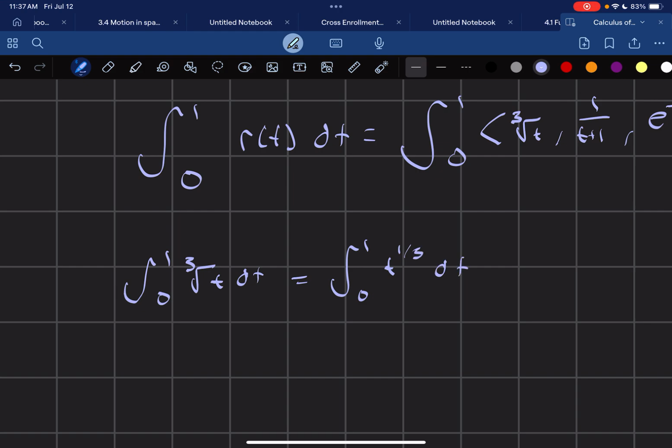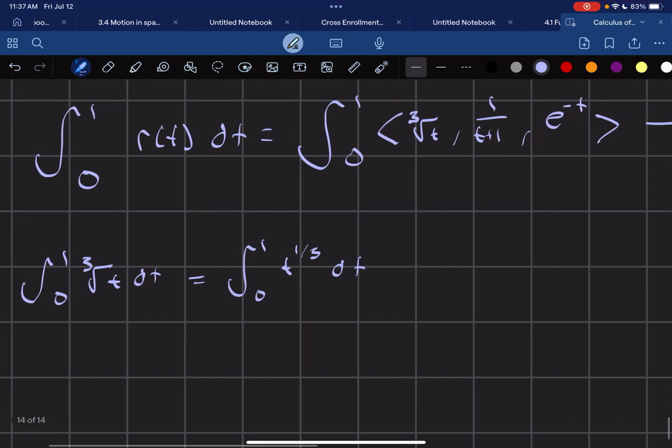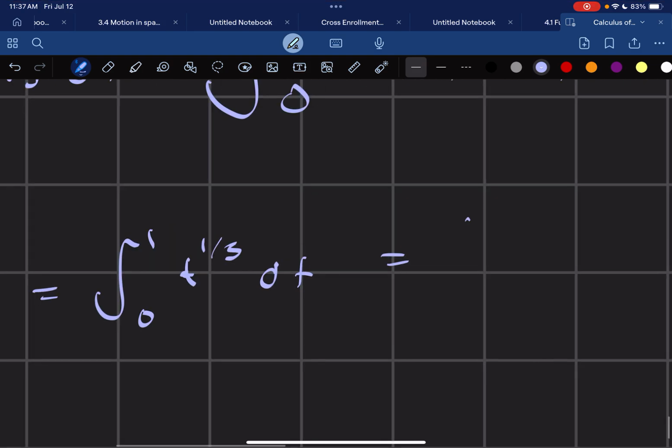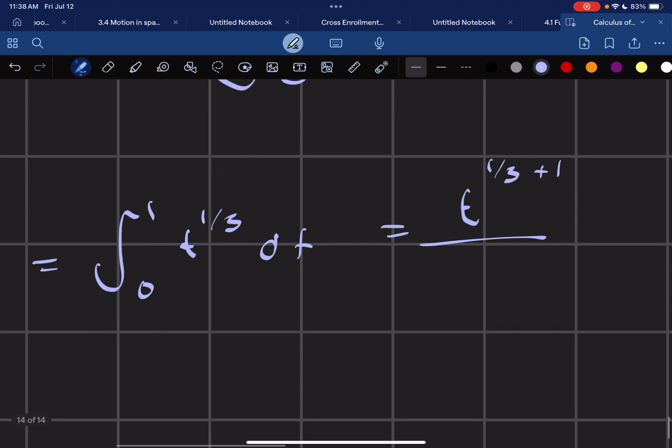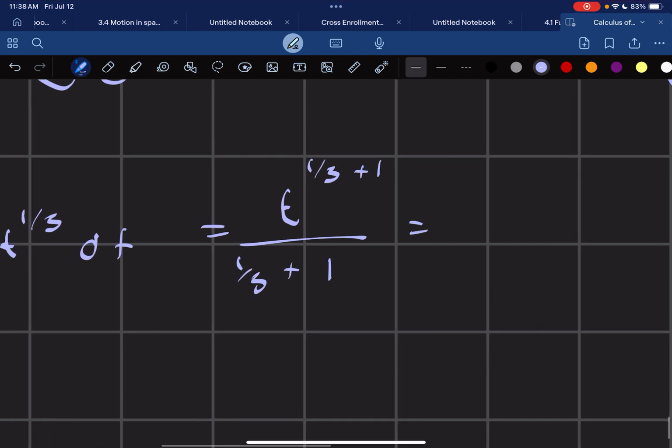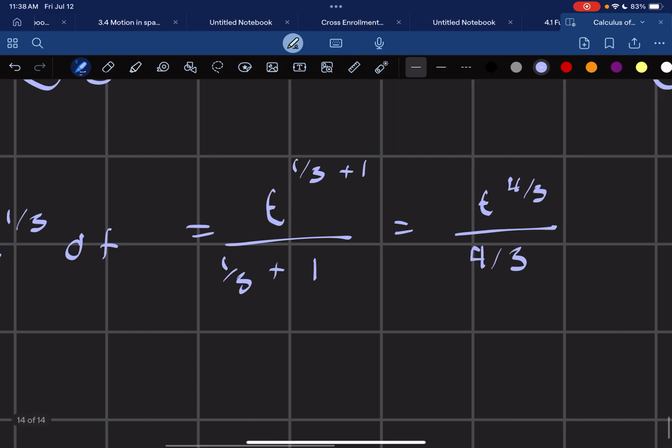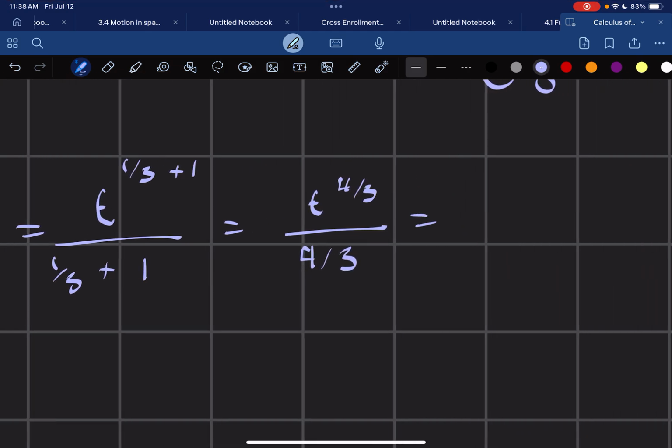Using the power rule for integration, that would equal t to the 1/3 power plus 1, and we have the same thing here as the denominator. That would equal t to the 4 over 3 divided by 4 over 3, which we can visualize as 3/4 t to the 4 over 3 power.